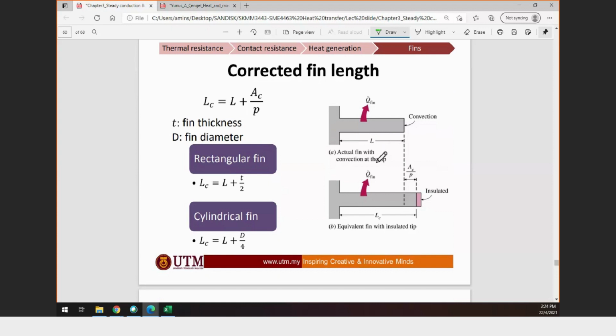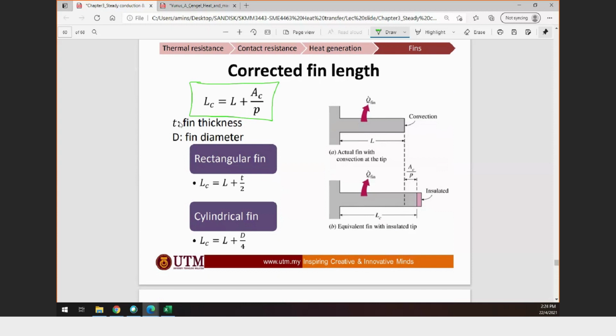You now have the new value of L, symbolized as Lc, the corrected fin length, which considers the value of the cross section and the perimeter of the fin shape.